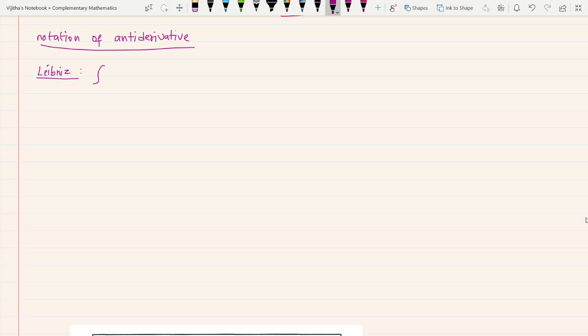So this is the notation of antiderivative. If you want to find the antiderivative of f of x, you have to write integral f of x dx.